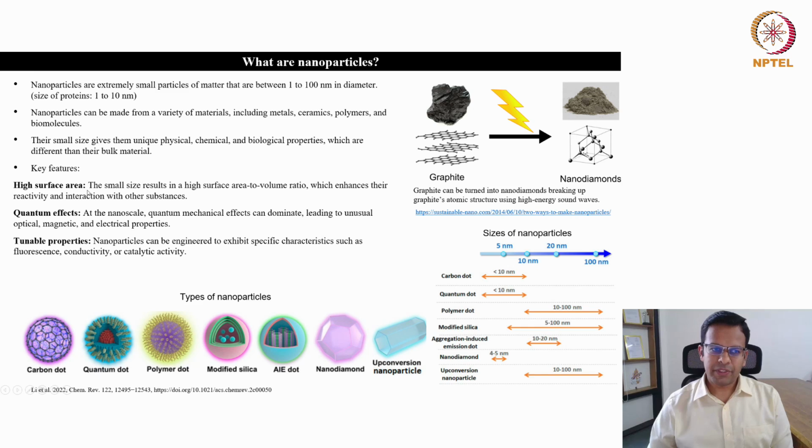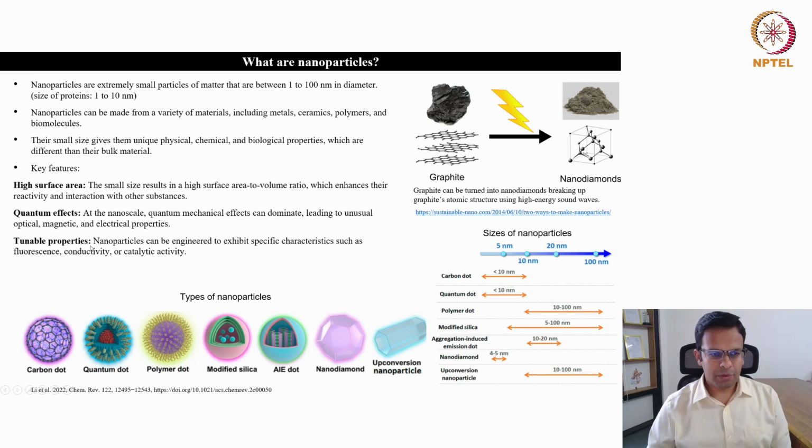Now, what are the key features of these nanoparticles? They have a high surface area because of the small size, and that enhances their reactivity and interaction with other substances. Then the quantum effects: at the nanoscale, quantum mechanical effects can dominate, leading to unusual optical, magnetic, and electrical properties.